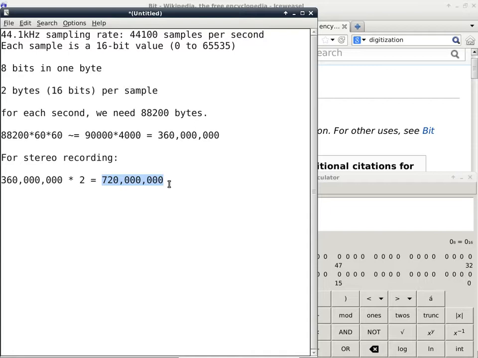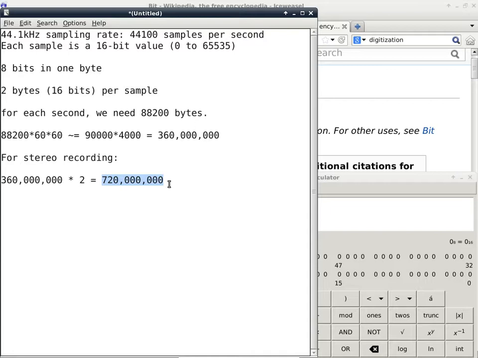I believe it was like 72 minutes. Yeah, the 72 minutes have 800 megabytes in terms of raw data storage, so that's why they're slightly higher compared to this one.